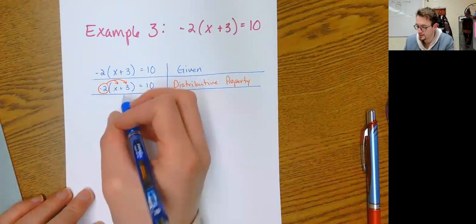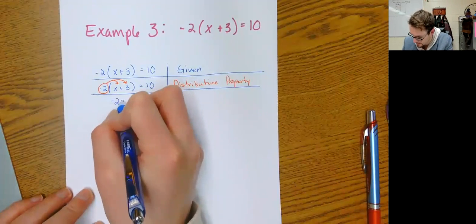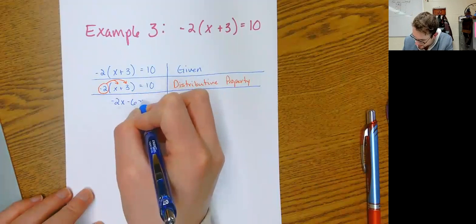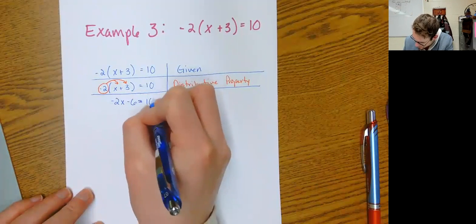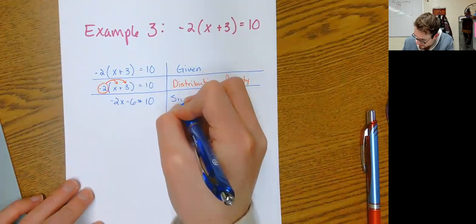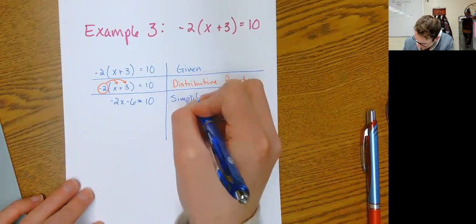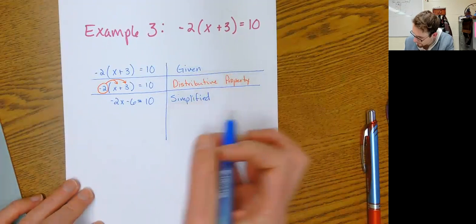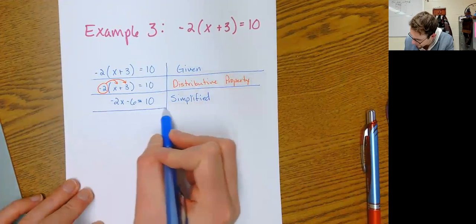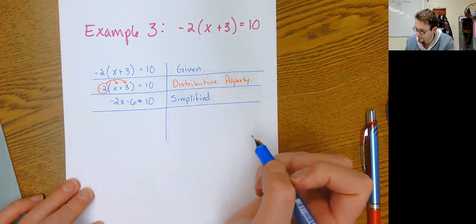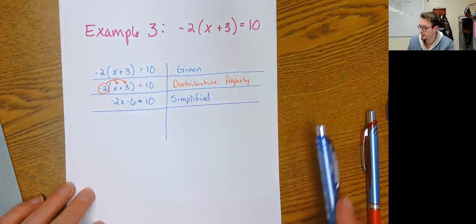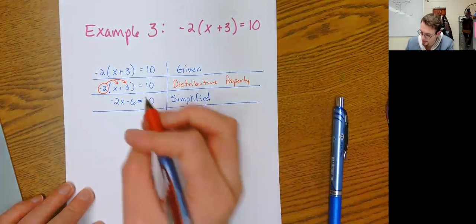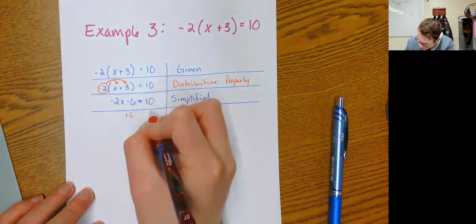Well, now we can simplify. So now we get -2x minus 6 equals 10. And that would be simplified. Okay, next step. Let's add 6 to both sides.